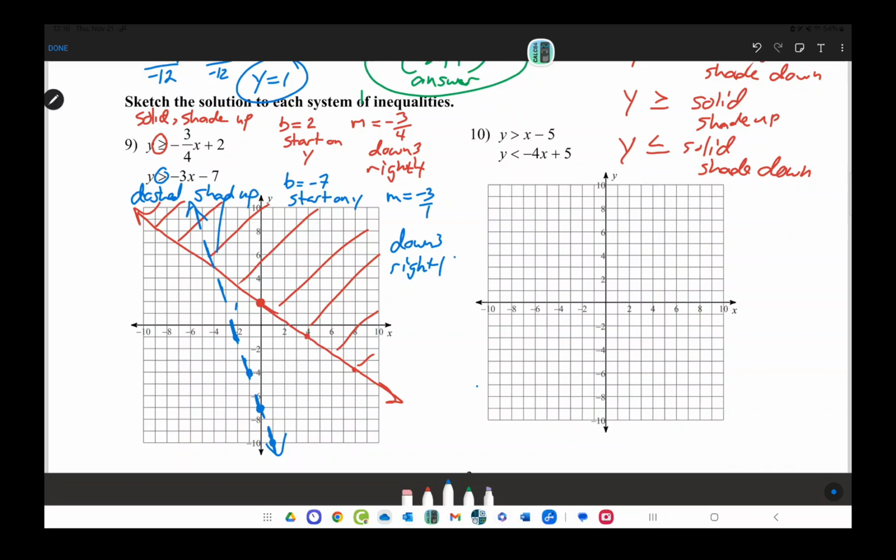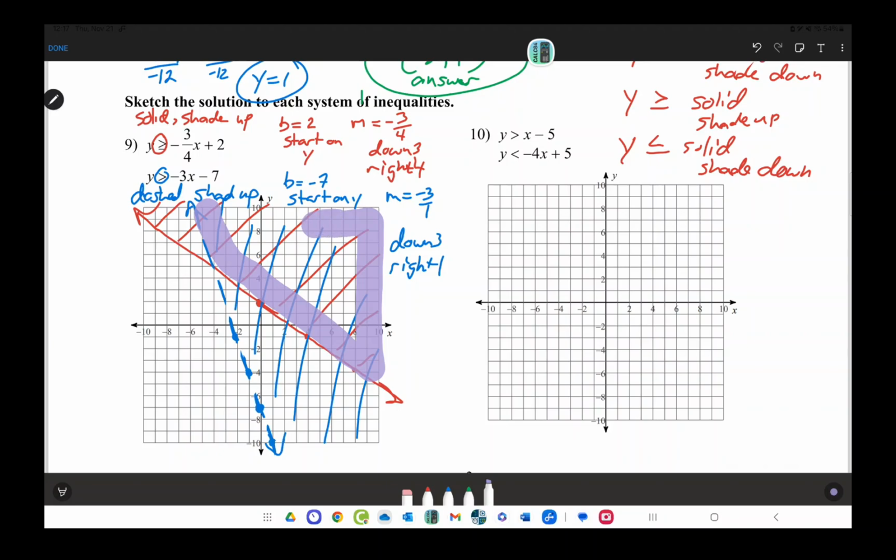Shading up. Right here. That shading overlaps.